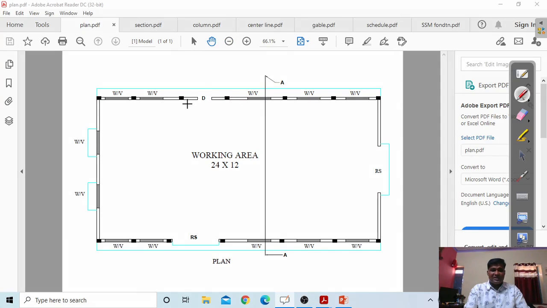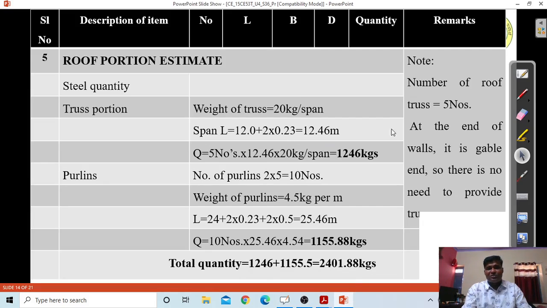So the 12 meter is from here to here, plus 0.23 meter wall width, so up to this length the truss will come. So 12 plus 2 into 0.23 will come to 12.46 meters, the total length of the truss.